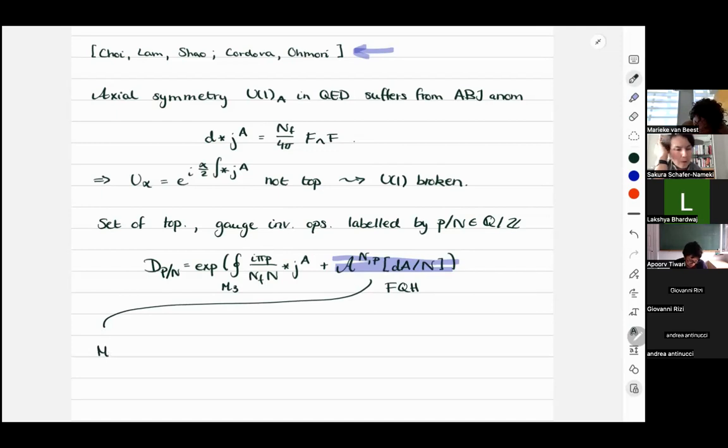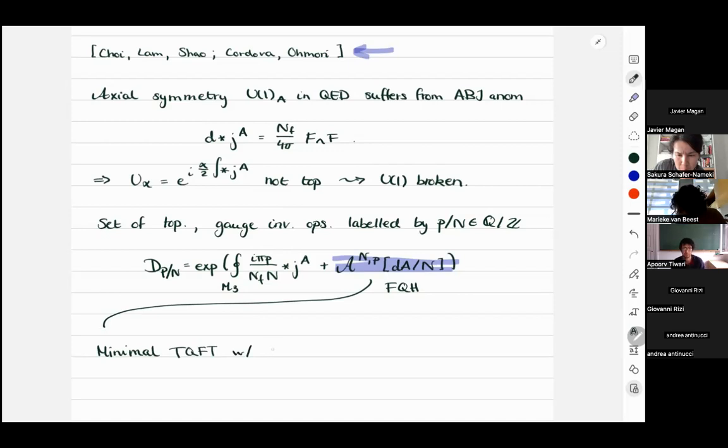Which is the minimal TQFT with one-form symmetry, Cn, and an anomaly which is labeled by this P.